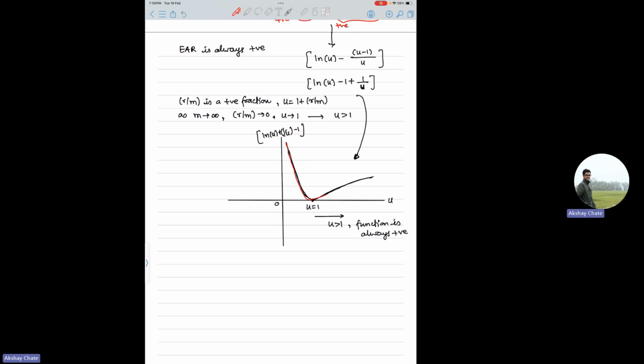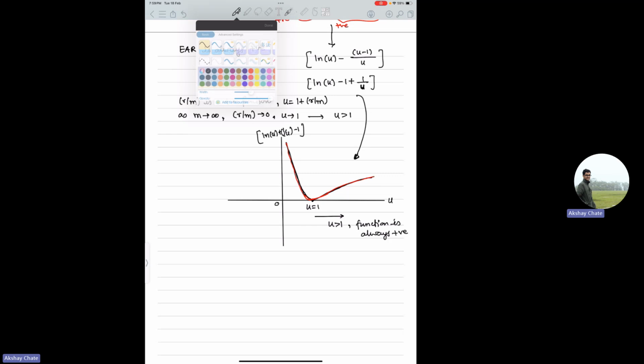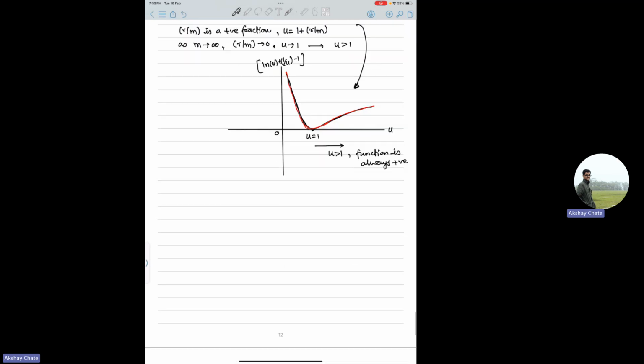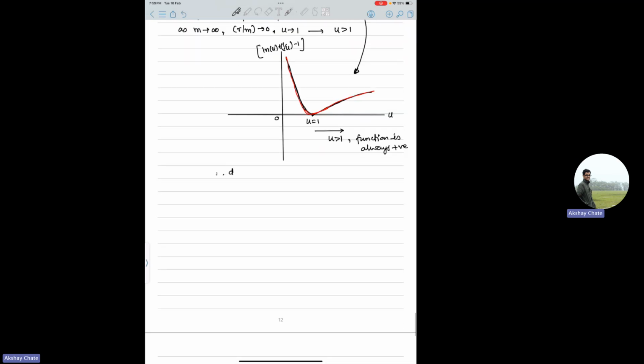So you can check it out yourself. It looks like this. So what it means basically is this derivative of your EAR with respect to M is always greater than 0, or always positive.